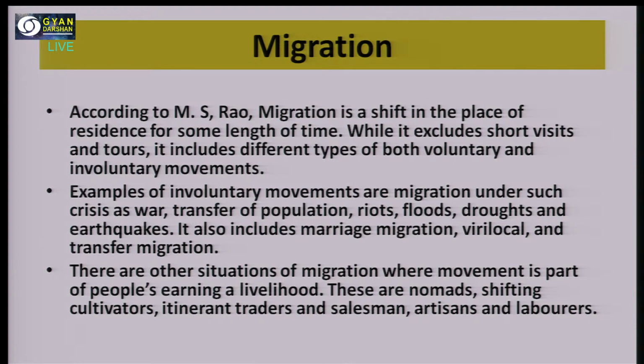Now, there are also other situations of migration where movement is part of people's earning a livelihood. There are nomads, shifting cultivators, itinerant traders, salesmen, artisans, and laborers, among others. So we have two types of migration, which could be forced, or which could be push factor or pull factor.